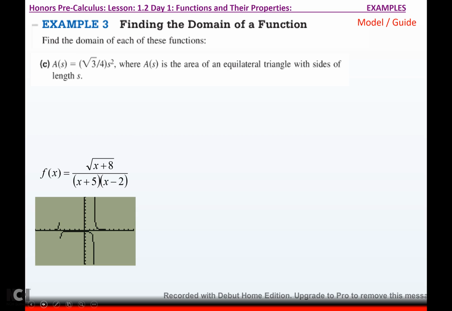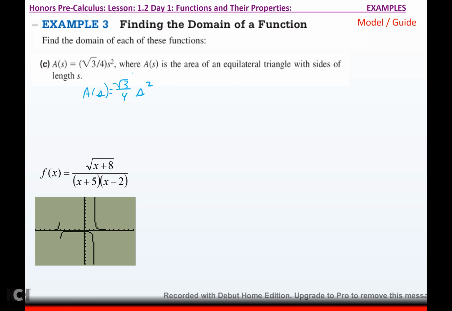Alright. So it says, find the domain of each of these functions. A of s equals the square root of 3 over 4 s squared, where A of s is the area of the equilateral triangle with sides length s.